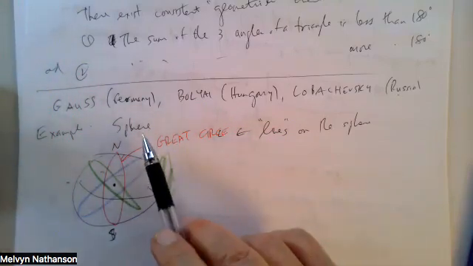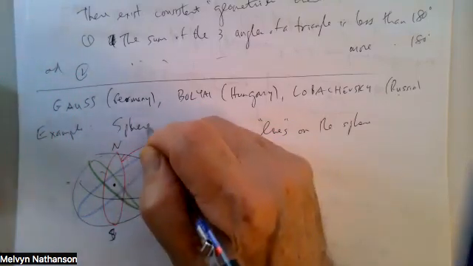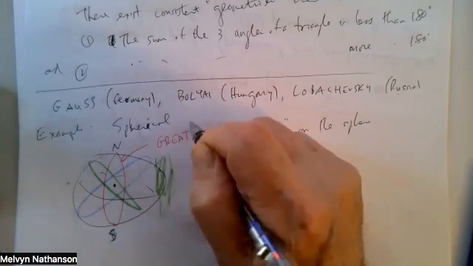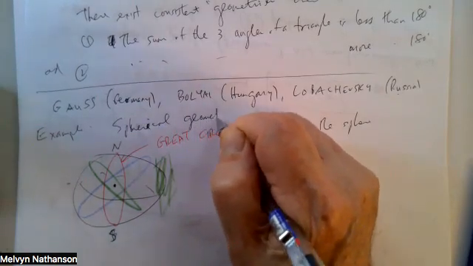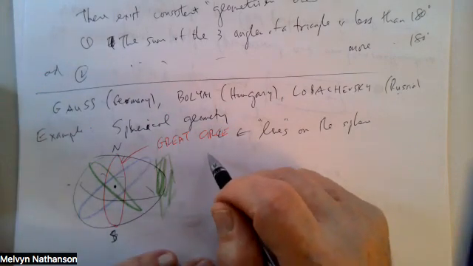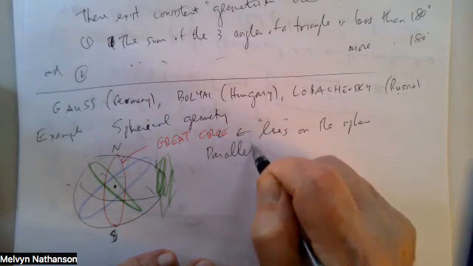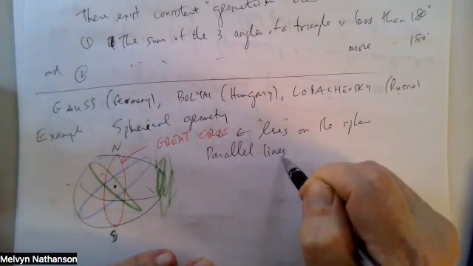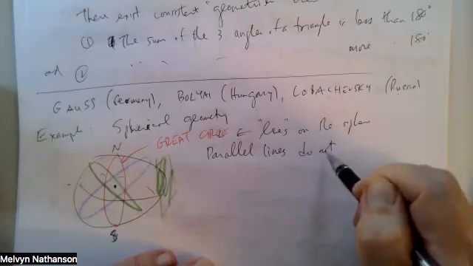So in this spherical geometry, a line is a great circle. And in this geometry, parallel lines do not exist.